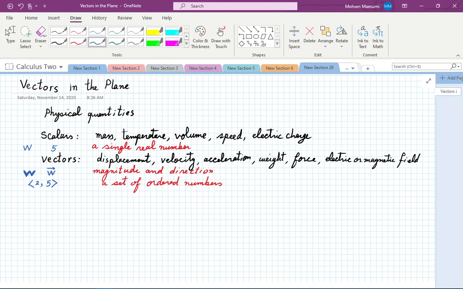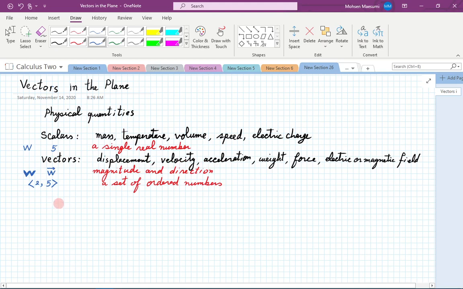Now, as a matter of motivating vectors, perhaps the easiest thing to start with is the concept of displacement. The rest of these require a bit more background in physics. We have encountered these topics before, displacement, velocity, and acceleration, but let's go ahead and restart this topic.